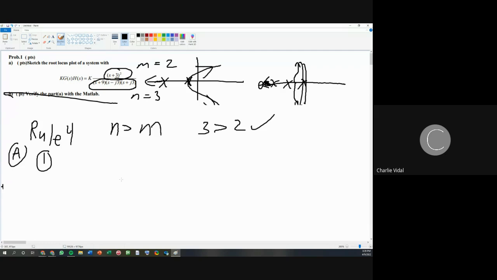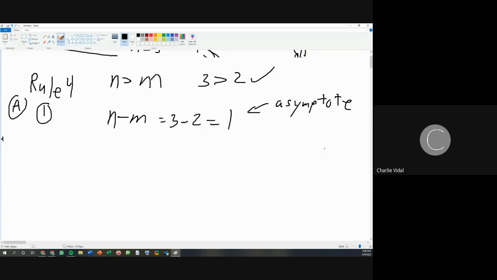Basically, first we have to find N minus M. That is equal to 3 minus 2, which is equal to 1. This says how many asymptotes there are. There is one asymptote. And then we have to figure out where that asymptote is being directed.